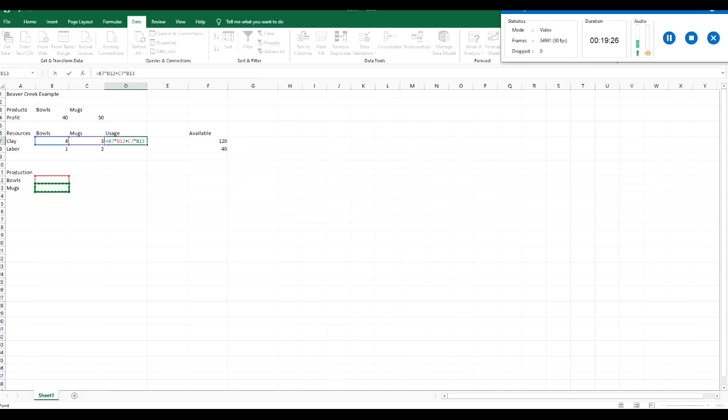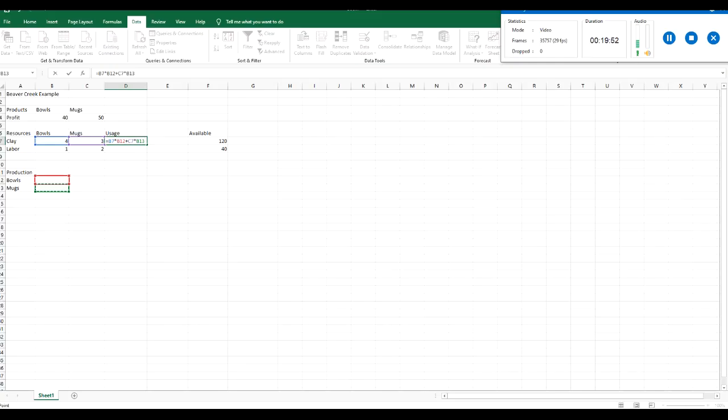Now right now it's going to be 0 because we're not making any bowls or mugs yet. But that will give us our ultimate amount of clay used. That's what we've done so far. So we're going to hit enter. And as I said, it will be 0 for now. But as the number of bowls and mugs changes, this usage figure will change accordingly.